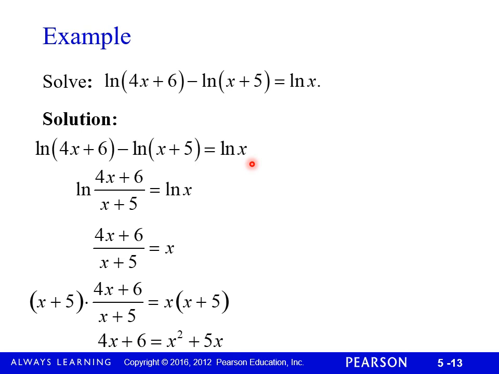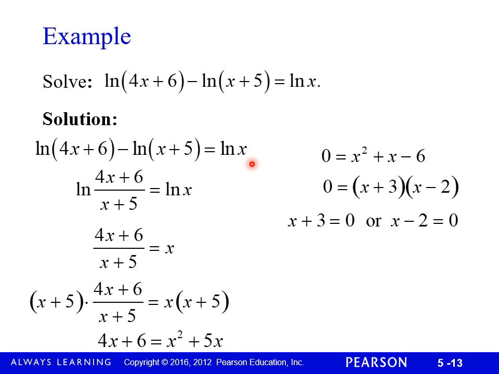Again, we can see that we have a quadratic equation. So we're going to set it equal to 0, and we get x squared plus x minus 6. If we factor this into x plus 3 and x minus 2, again, I'm not going to go through the factoring. And so we get x equals negative 3 or x equals 2.